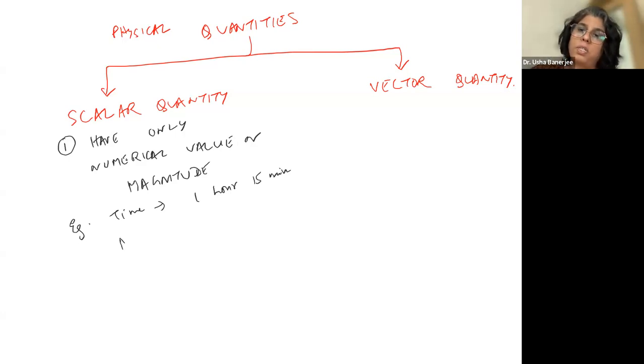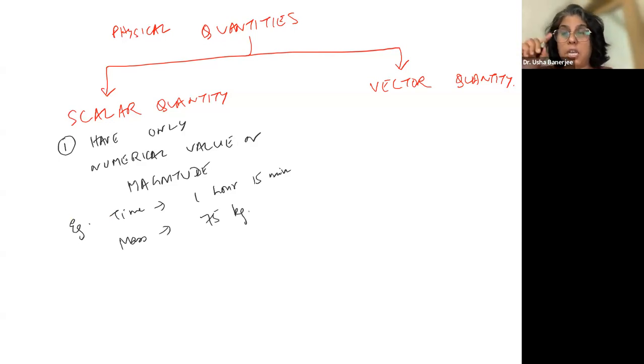I talk about, say, mass. Mass is 75 kgs. Please understand there is a difference between mass and weight, but also I will explain, right? So all of these are scalar quantities. Speed. I tell you that I drive a car and my speed is 30 kilometers per hour. Yes, Nishtha.